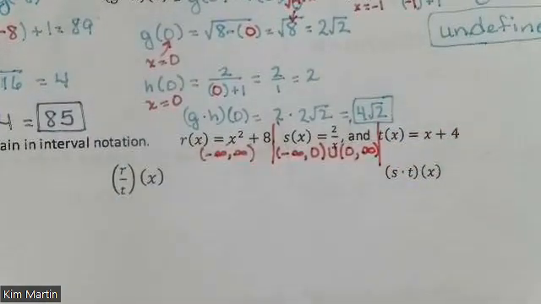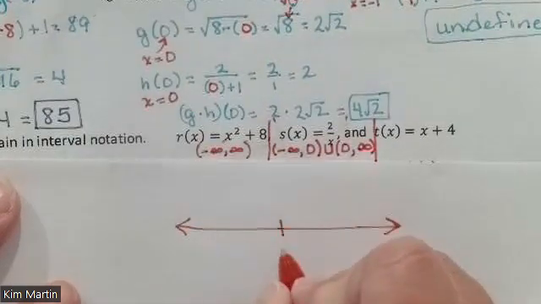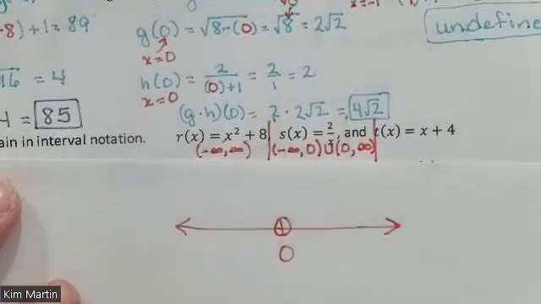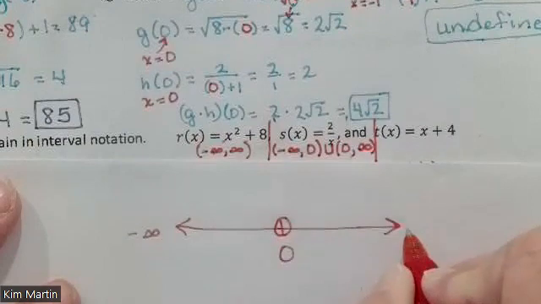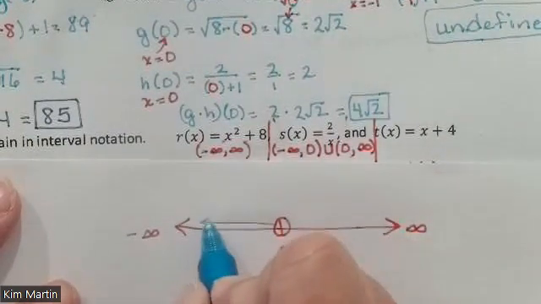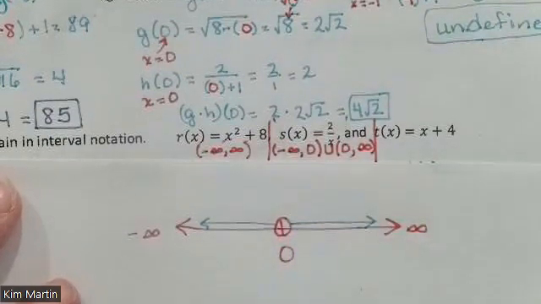Now, how can I do that? Well, if you put it on a number line, here is 0. Right there is an open circle because it's not allowed. It can be all of these numbers, and it can be all of these numbers.